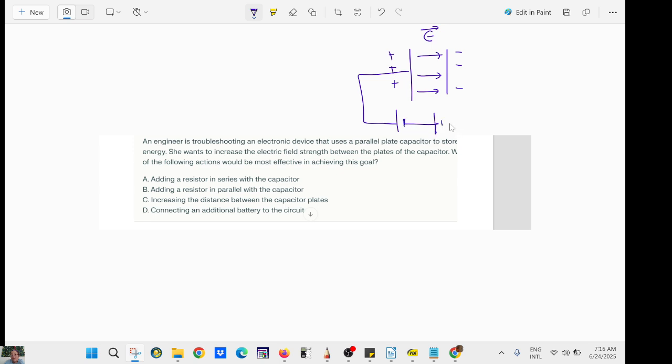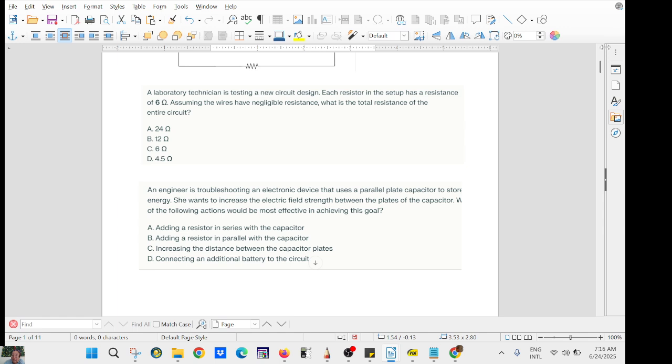So you have more voltage here. And the electric field is the voltage across the plates, so that will be that voltage over the distance between the plates. So if this is going up, that will go up as well. So answer is D.